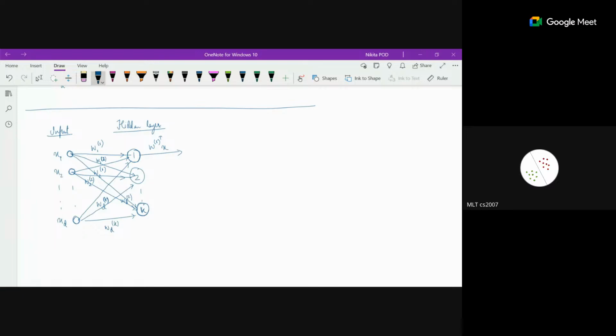But here you have K different Ws that you want to learn. So for different neurons you will get W2 transpose X, and so on till WK transpose X. This is what is happening inside the hidden layer.